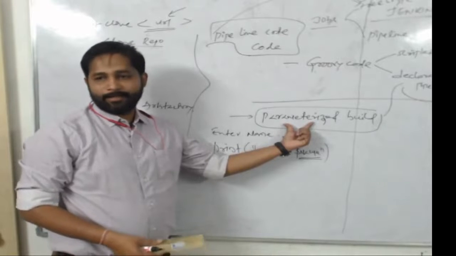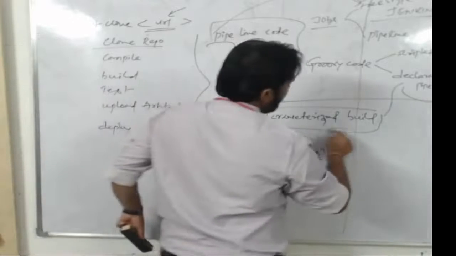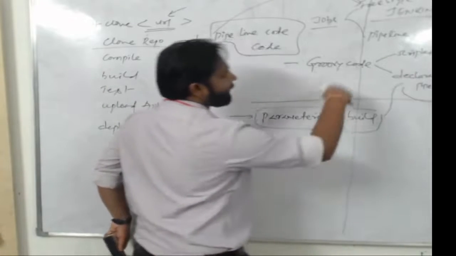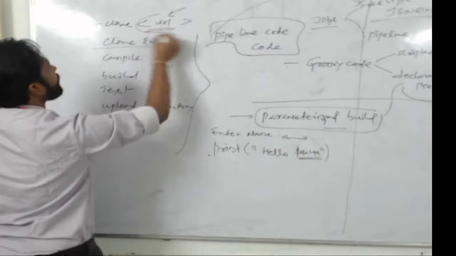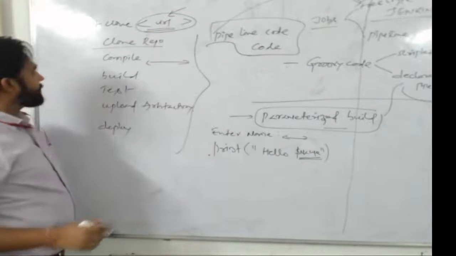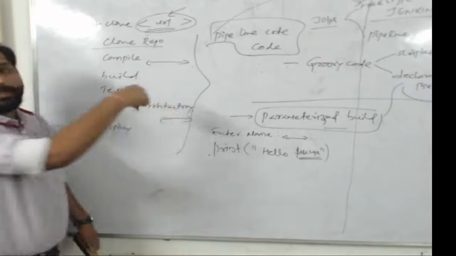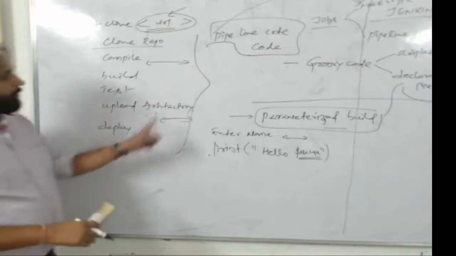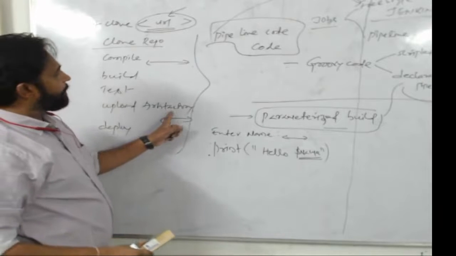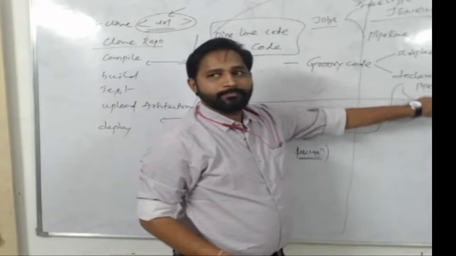It needs the values. So any parameterized build usually looks for incoming values. It can be a URL of your Git, or it could be parameters of compilation, or it could be where you want to upload. Anywhere you can insert a parameter. Now these parameters, because you are inserting, they can be put into the scripts.